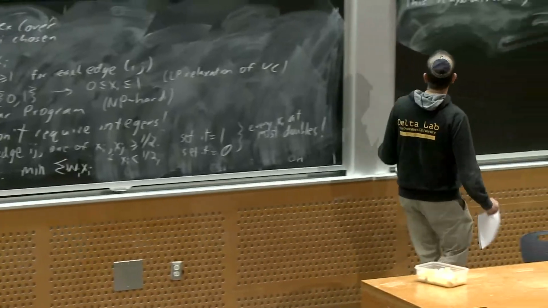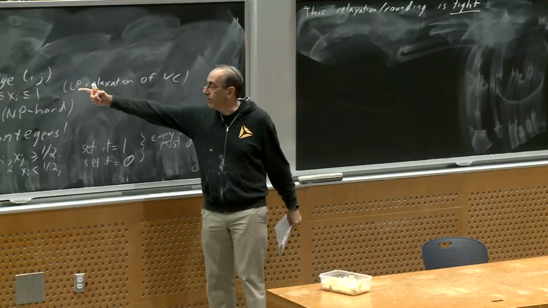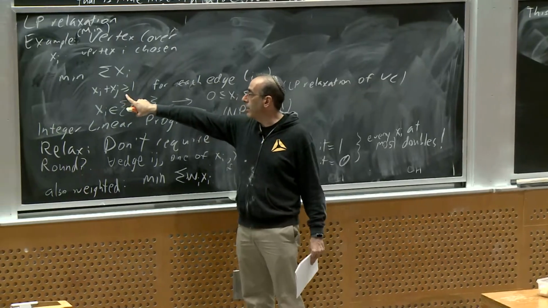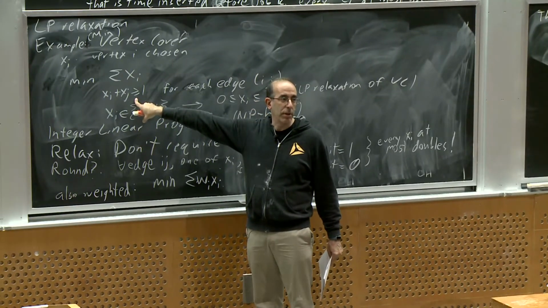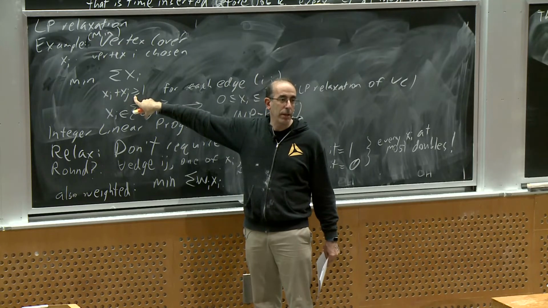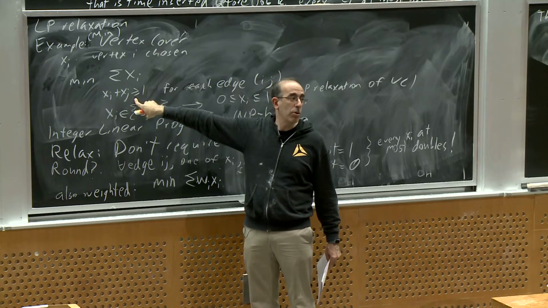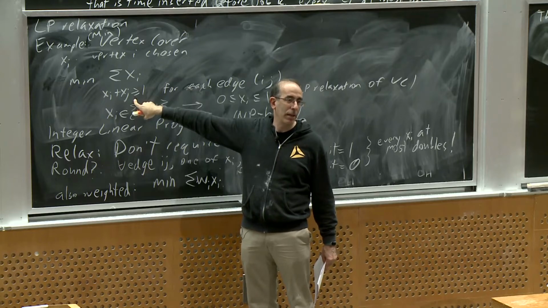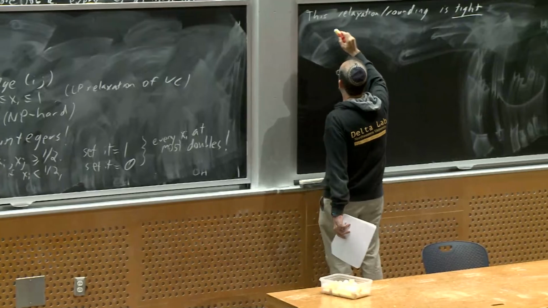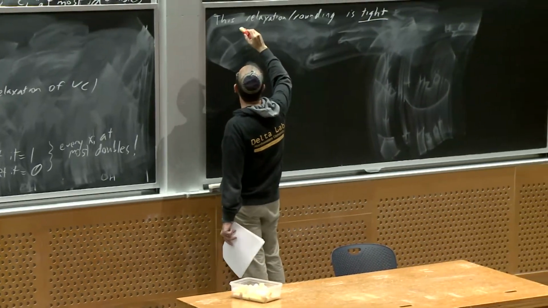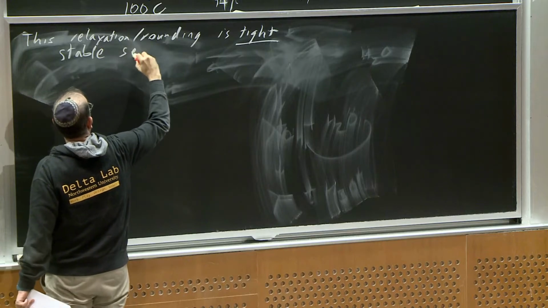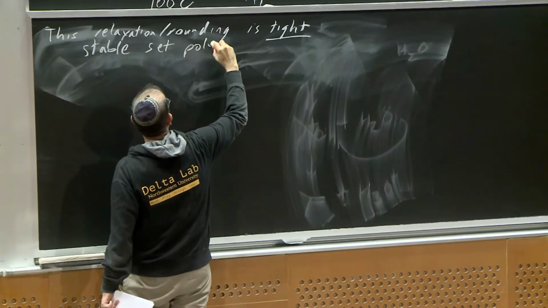And this LP that we've just defined, we wrote it as xi plus xj is greater than or equal to 1, which is the vertex cover formulation. If instead you say less than or equal to 1, you get the independent set formulation, which says at most one vertex can be taken in the cover. I mention that because independent sets are also known as stable sets, and that linear program defines what is known as the stable set polytope.